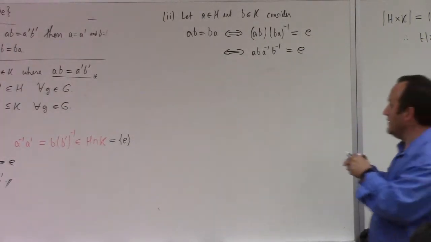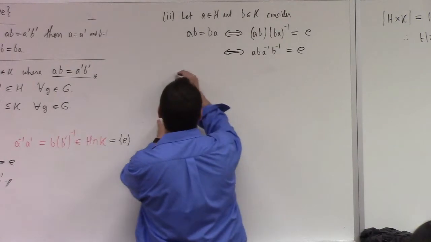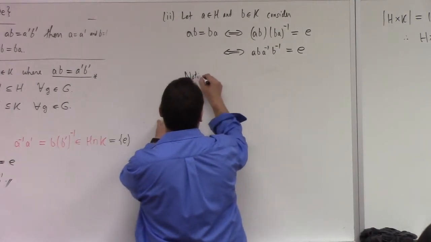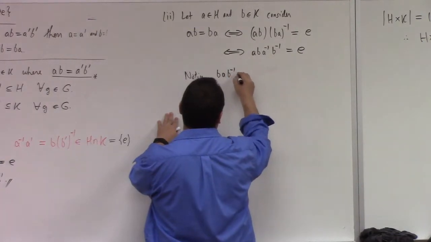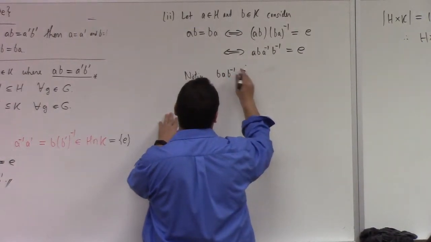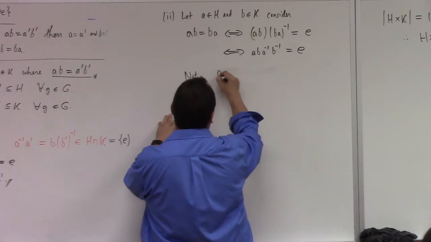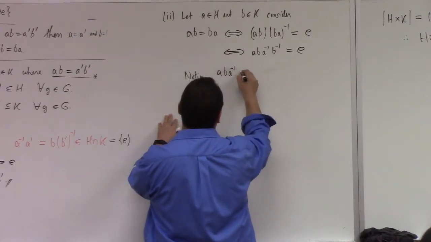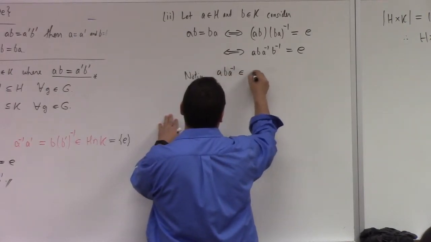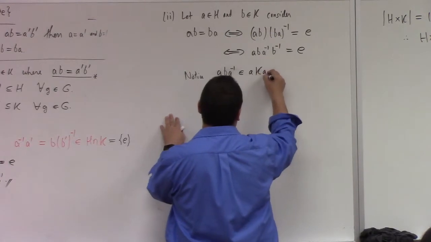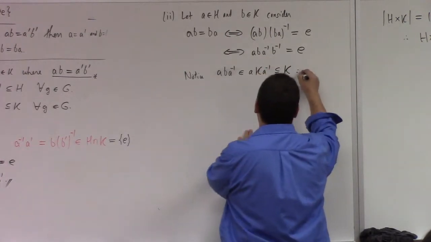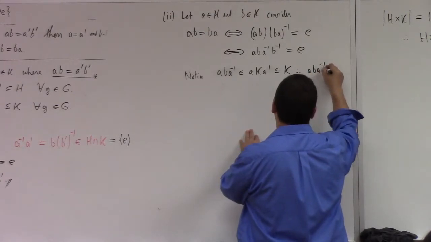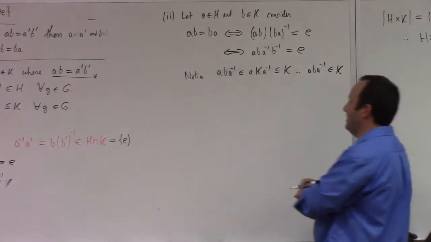Let's look at it this way. Notice that A B A inverse is an element of A K A inverse, which is a subset of K. So therefore, A B A inverse is in K, right?